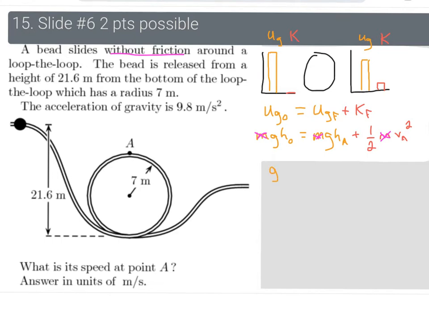So gravity times the original height minus gravity times the height at A. That will be equal to, what's left on the right side now is just the velocity at A squared, and then we still have the fraction divided by 2.